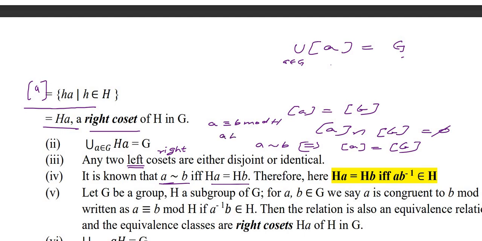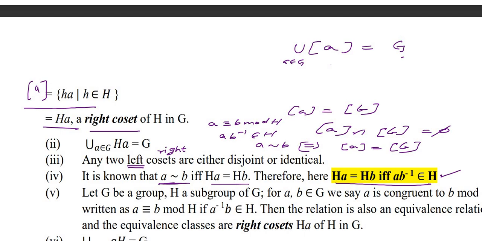If AB inverse belongs to H. This is by definition. So AB inverse belongs to H if and only if HA equals HB. Or in other words, HA equals HB if and only if AB inverse belongs to H. In very many contexts, we will be using this property.